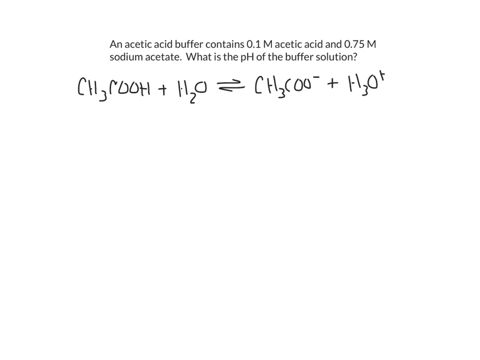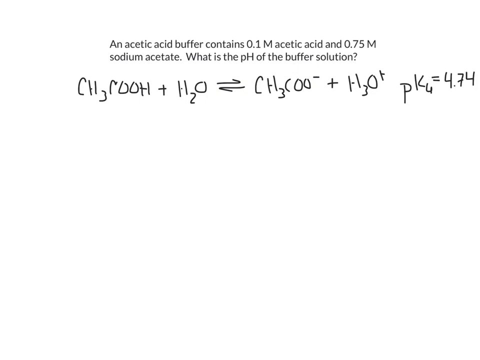I'm going to need to know a pKa for this acid, and so if I look up the pKa, I find that it is 4.74. Note that the sodium acetate is just the sodium salt of this acetate anion. And so when I put sodium acetate, which is an ionic compound, in water, I will form this acetate anion. And so the concentration of sodium acetate is equal to the concentration of the acetate anion in solution.